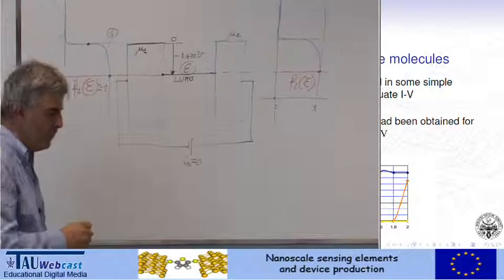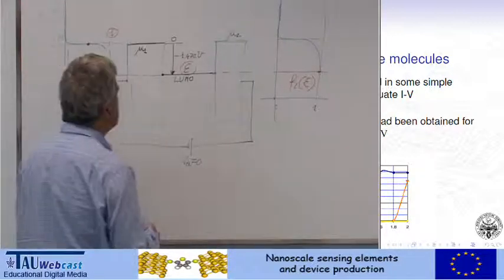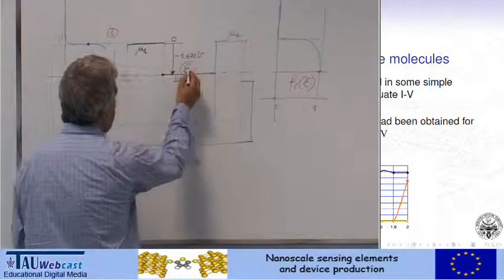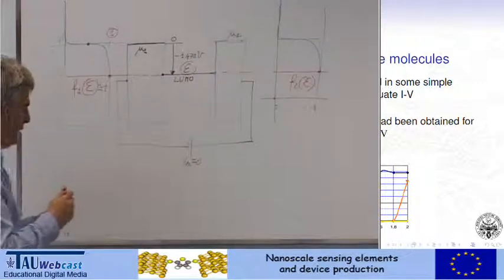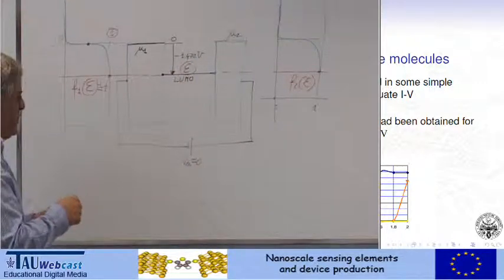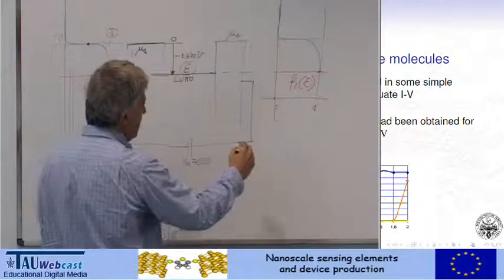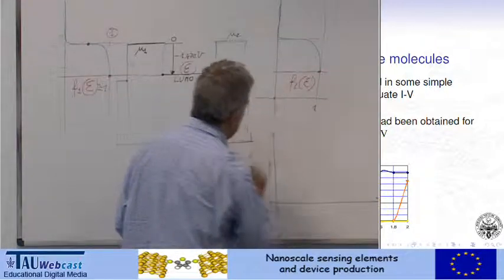Now we can try to bias the system. As I said, the molecular level is an approximation. The molecular level is kept at this position, and we try to maintain that. And we can imagine which kind of IV curve can be obtained.